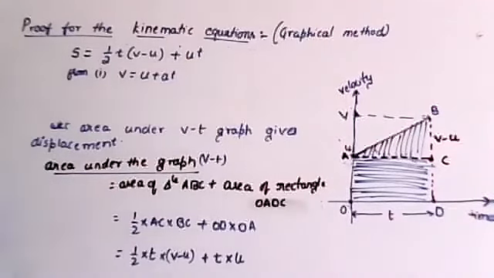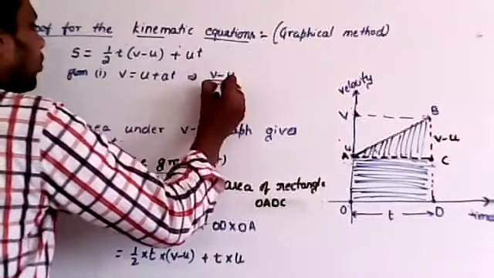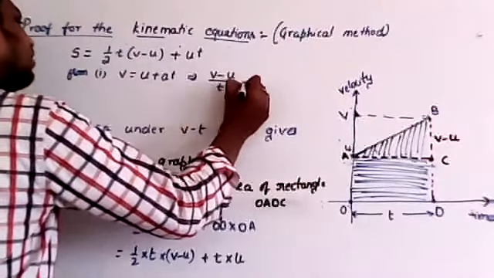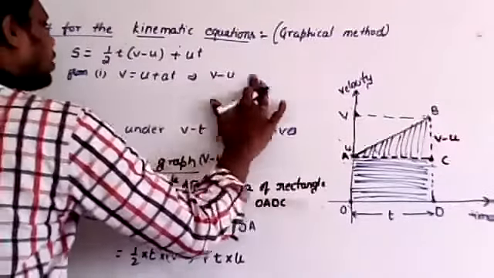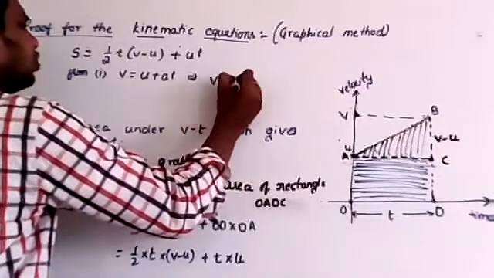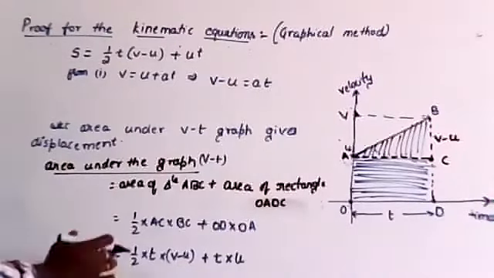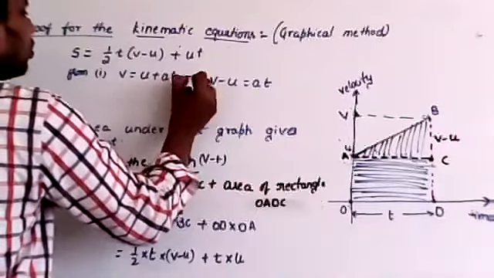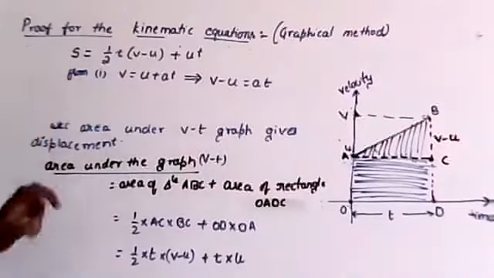So v is equal to u plus at, or else that implies (v minus u) by t is equal to a. Or else simply you can write v minus u is equal to at. Now substitute v minus u is equal to at in the above equation.